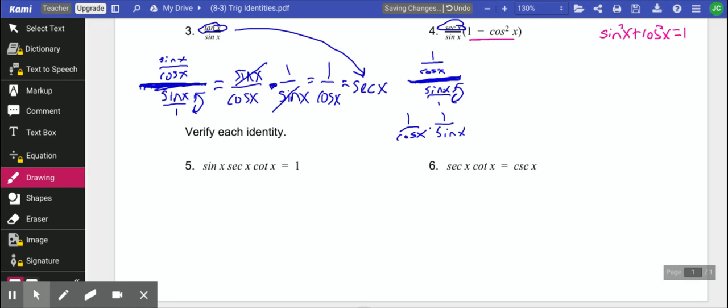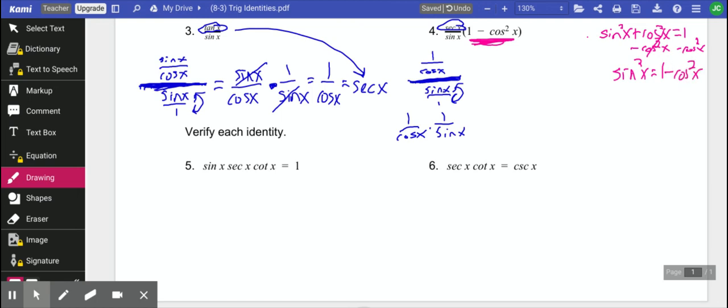Eventually, as you do more of these, you'll look at this thing and say, gosh, that looks kind of like the Pythagorean identity, except this one's 1 minus cosine. Is there any way I could change this one so it has 1 minus cosine squared? And you sure could. You could subtract cosine squared from both sides. So that gives us sine squared x equals 1 minus cosine squared x.